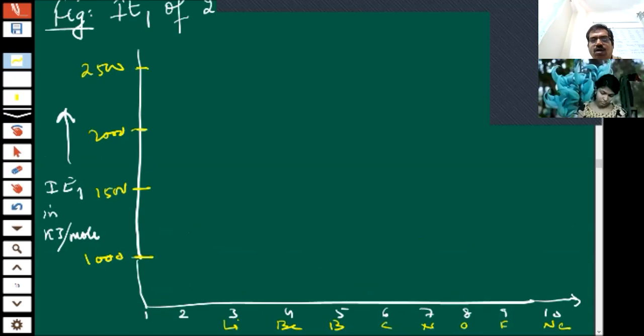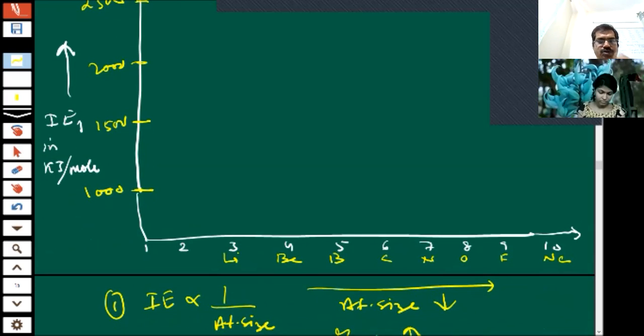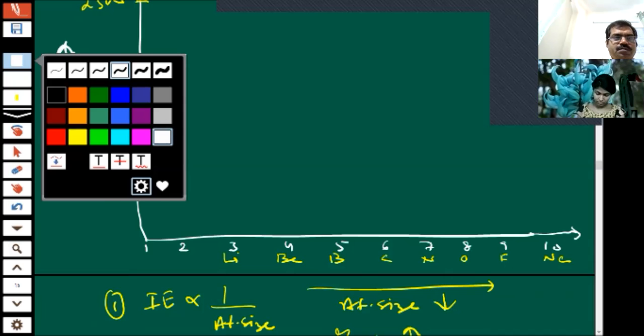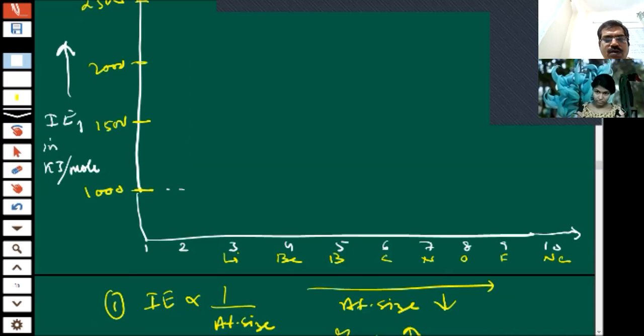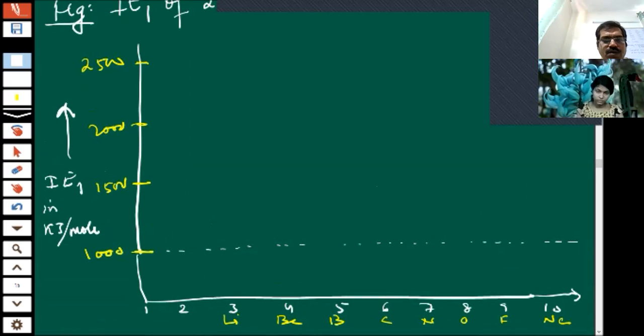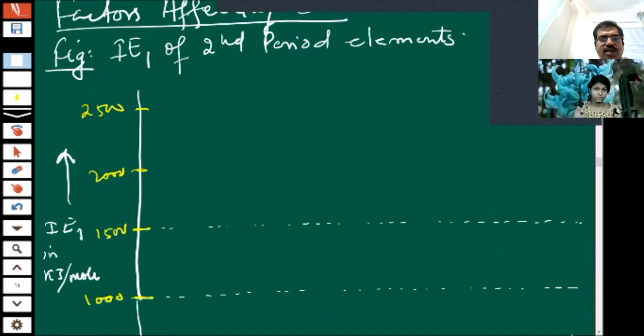Okay, children, so let me write the values for lithium. Ionization energy means the energy required to remove the outermost electron or loosely held electron in an isolated atom.